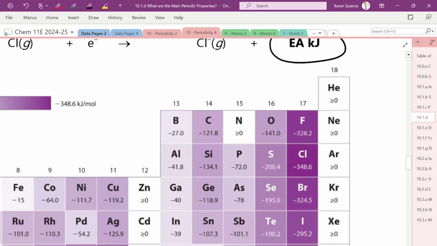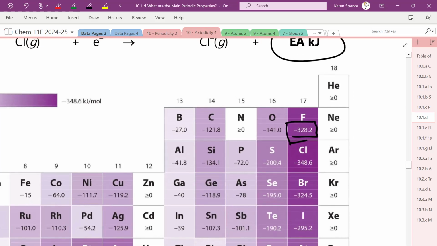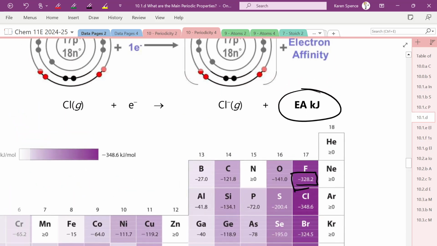But basically, if you see a bigger number, that means you're releasing more energy, regardless of whether they give it to you as a negative, which obviously implies that it's released, or whether they give it to you as a positive, and then you just have to say it's released. Bigger number means it releases more energy.